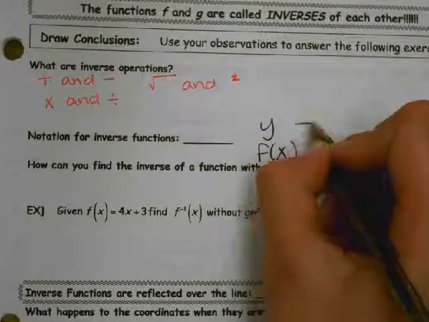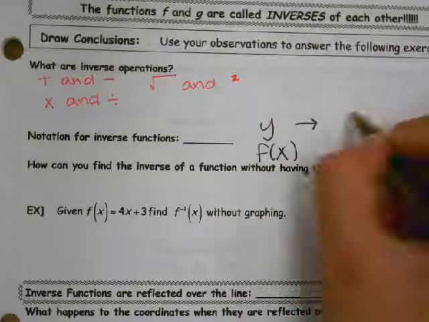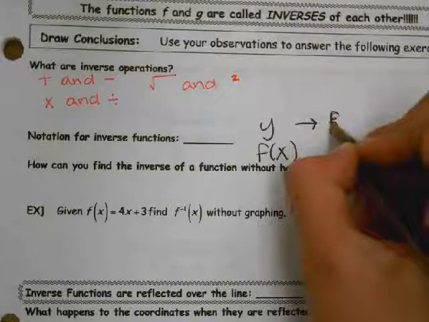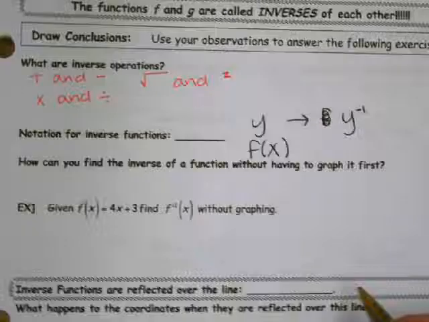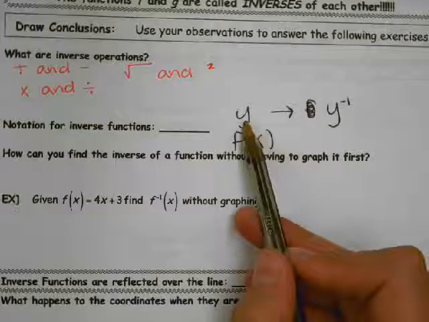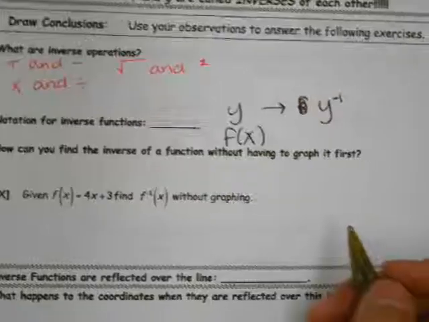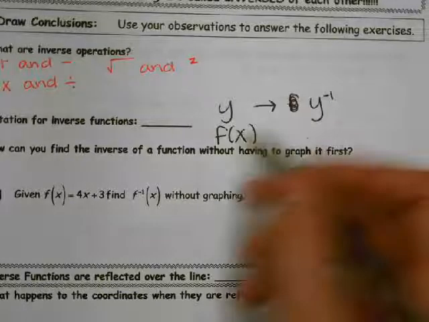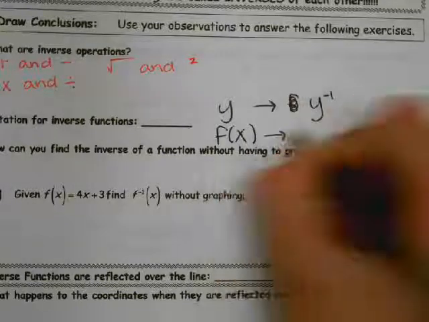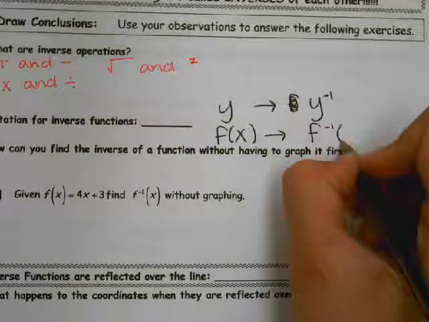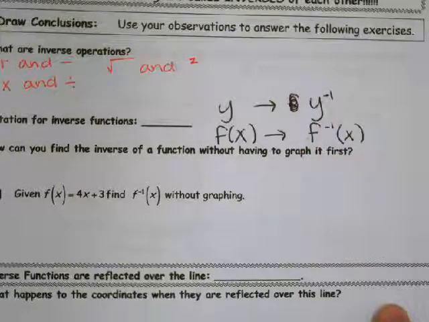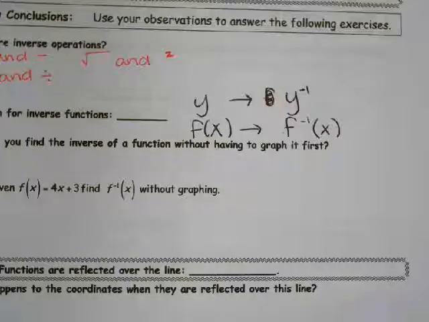So if they give you y, then the inverse would be written as y inverse. So if the original equation has a y, then your inverse should say y inverse equals. If your original has the function notation f of x, then you're going to write f inverse of x. So your notation is going to match the original problem.